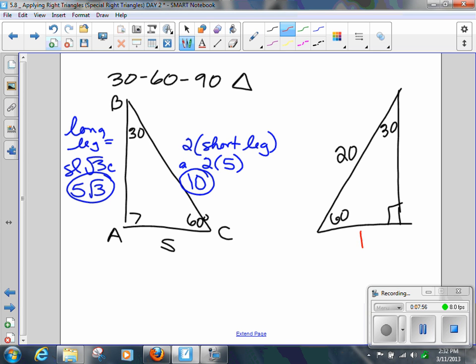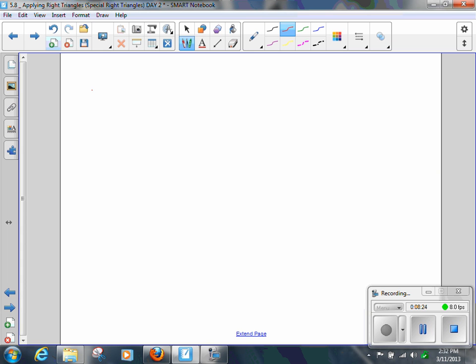It's on the bottom. How'd you know that? But how'd you know it was 10? Divide it by 2. Do you guys see what I'm doing? Yes or no? What's the long leg then? If the short leg's 10, what's the long leg? 10 root 3. We do the same thing over and over again. Okay? Got it?